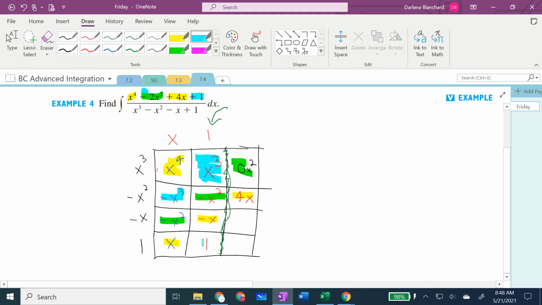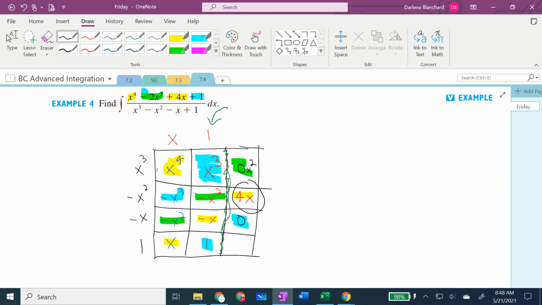All I have left is this 1, and what do you know? I don't need anything else. So my remainder, there isn't a whole lot to it, but that remainder causes this to be more complicated.